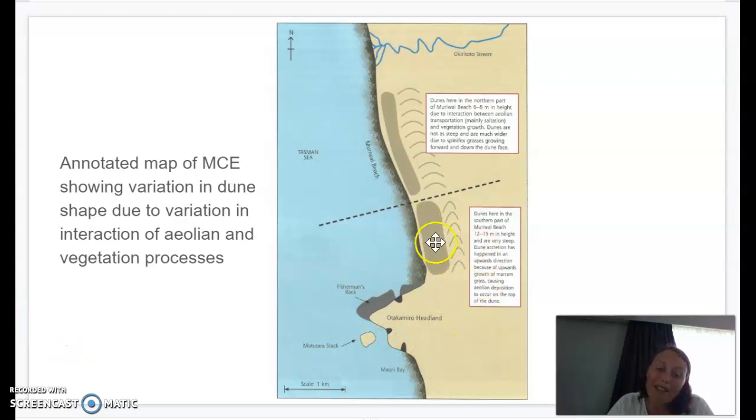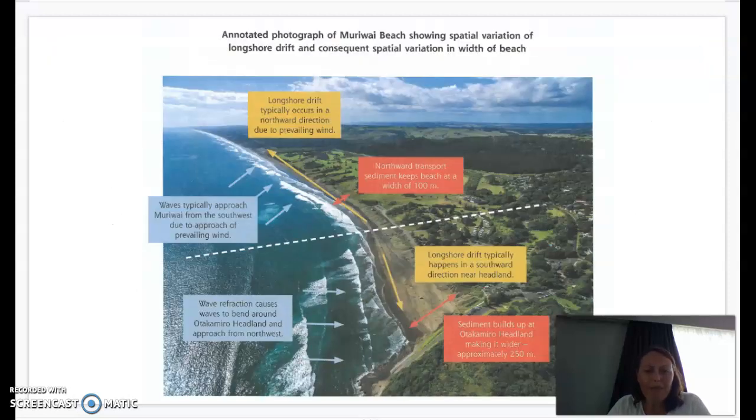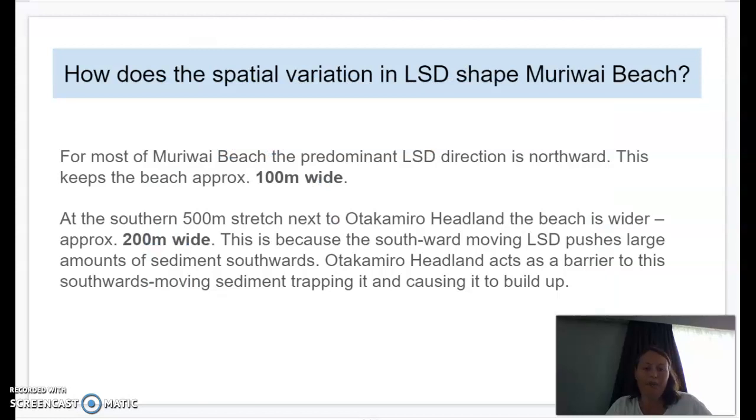So what happens in this area and in our Māori Bay area is we're more likely to see more backwash, more erosion and less deposition of the sediment. Hope that makes sense. And this is the outcome.